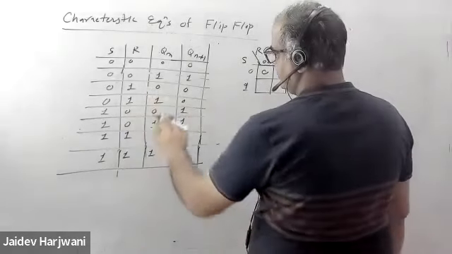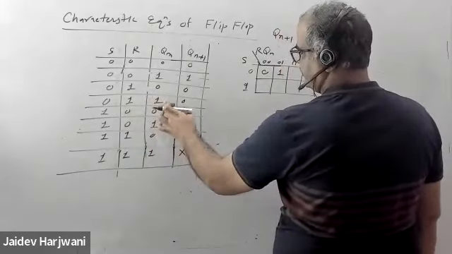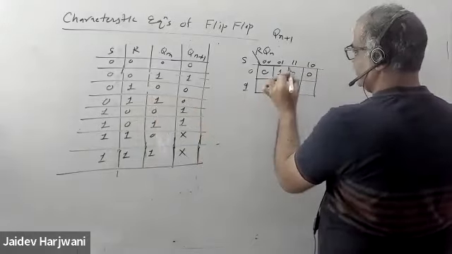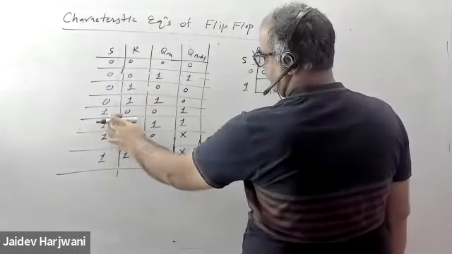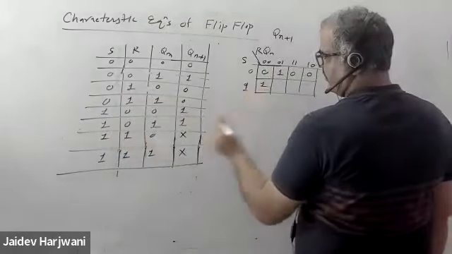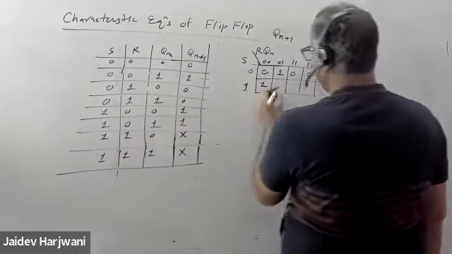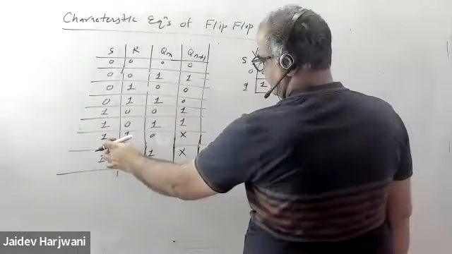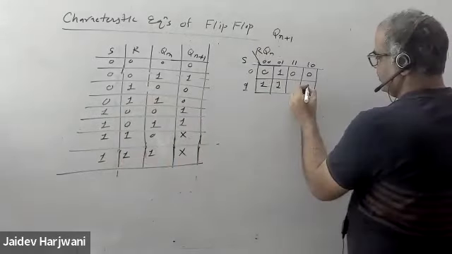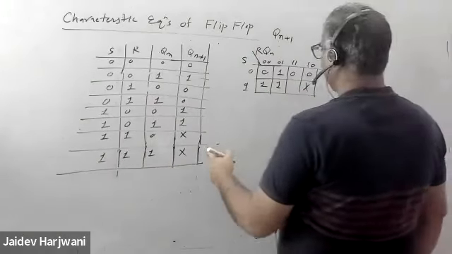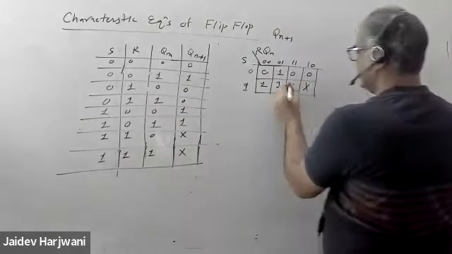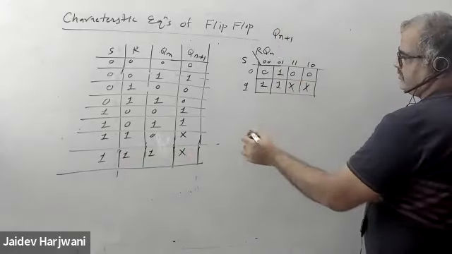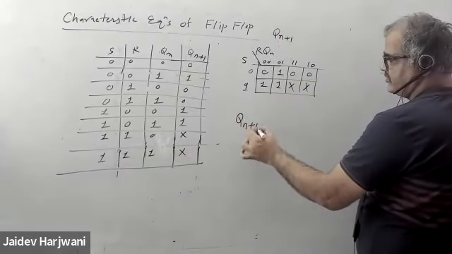And 3, what you have there? 3 you have a 0. Then in 4 you have a 1. 5 you have a 1. Then 6 you have this one, and then 7 also you have like this. So now Qn plus 1 you need to solve.